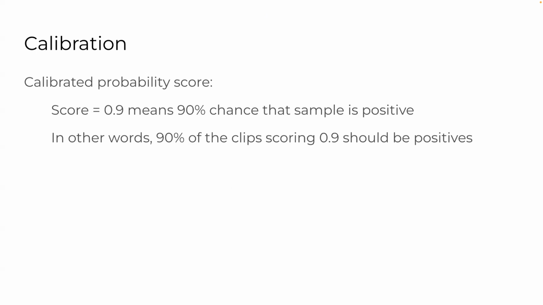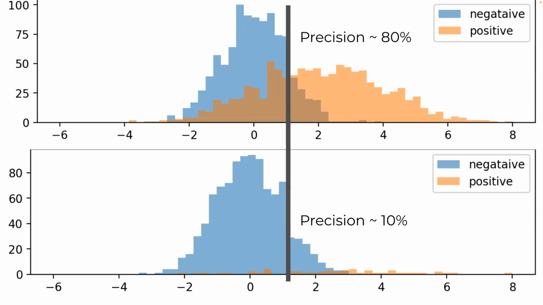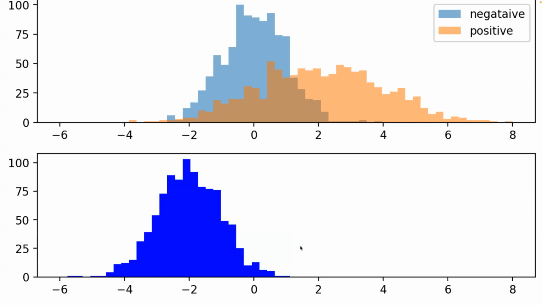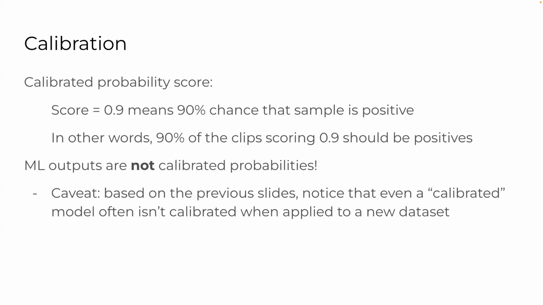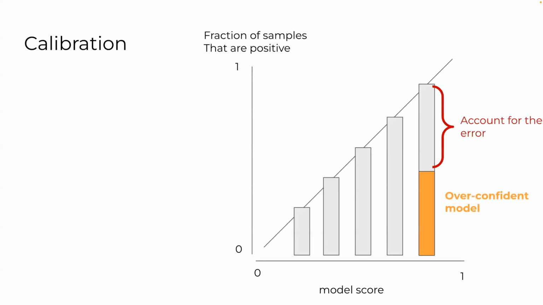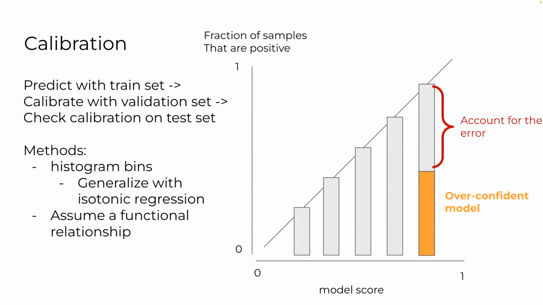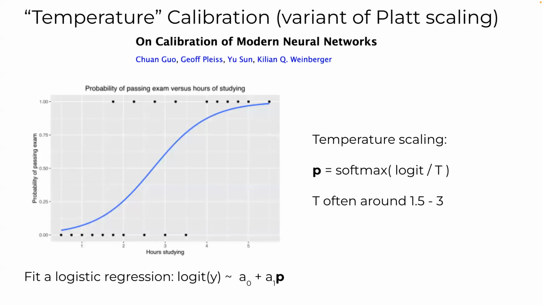And based on this slide, you can see why that's not happening, because as soon as there's a distribution shift, or as soon as there's a shift in one of these histograms, it would completely mess up the calibration that you might have done on your model. I'm going to skip this, but I'll just show the most popular type of calibration, which is called temperature scaling.